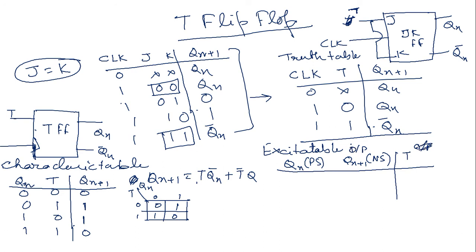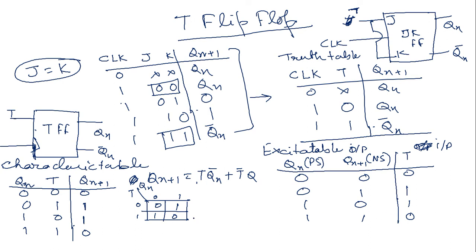So for the output combinations 0 0, 0 1, 1 0, 1 1, the input T depends on Qn: 0 1 1 0. That is the excitation table.